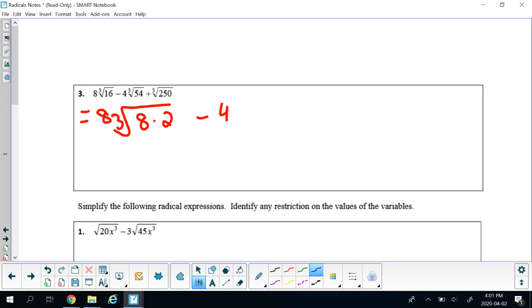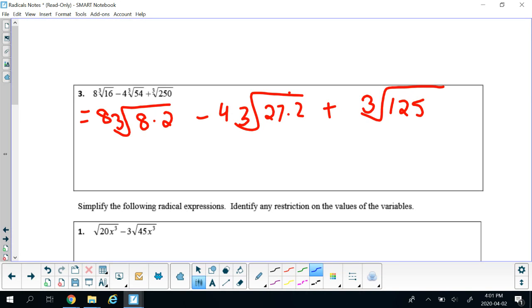And cube root of 54, 54 can be written as 27 times 2 because 27 is a perfect cube, plus cube root of 250. 250 can be written as 125 and 2. 125 is a perfect cube. Okay, and this is equal to 8. We can write them separately.